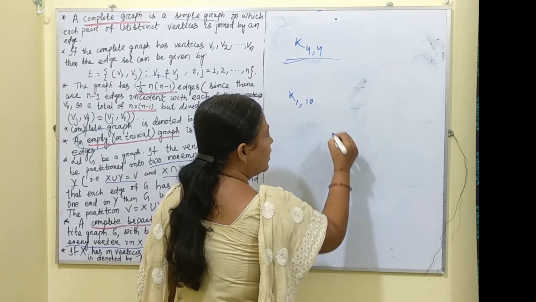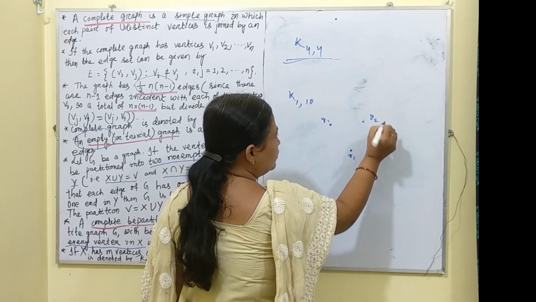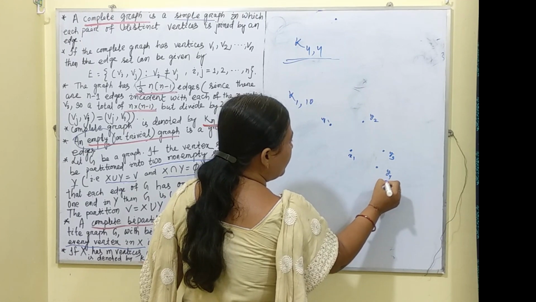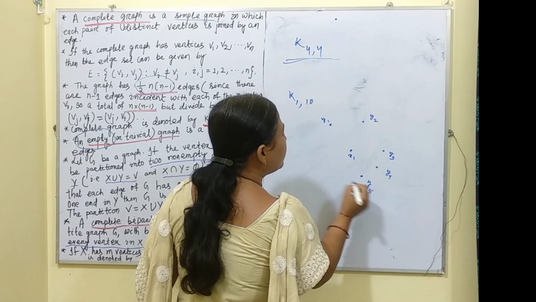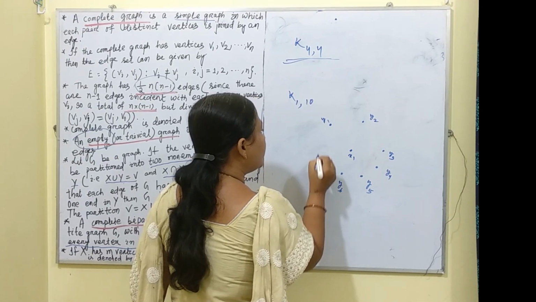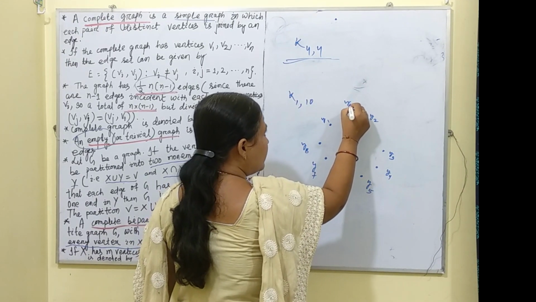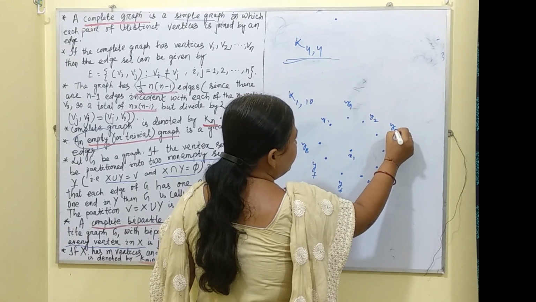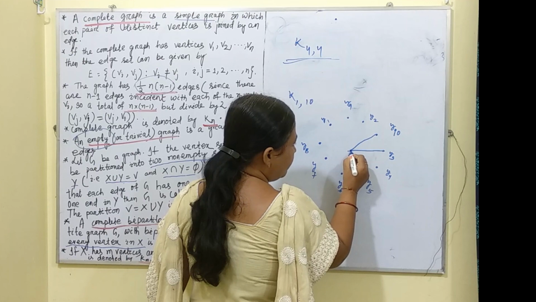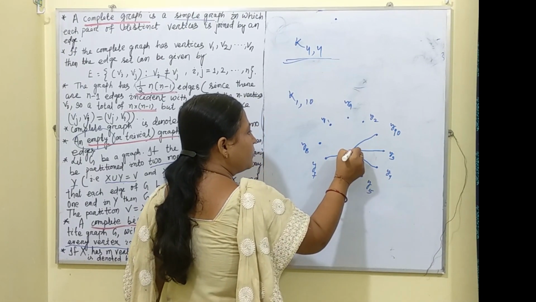This is x1 and y1, y2, y3, y4, y5, y6, y7, y8, y9 and y10. So in the Y set there are 10 vertices and in the X set there is only 1 vertex.